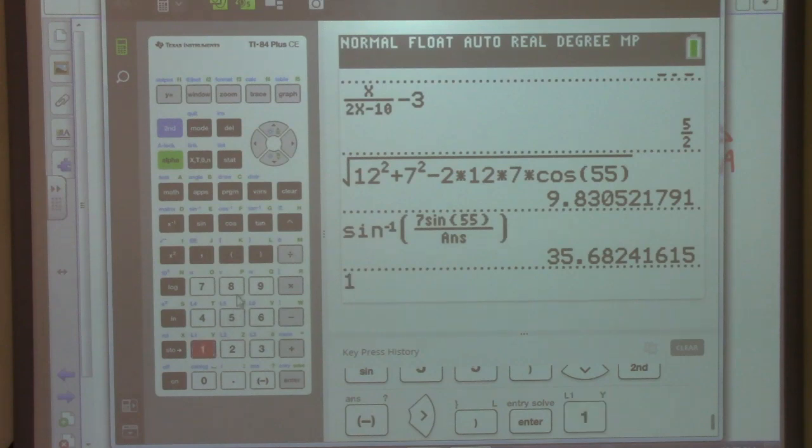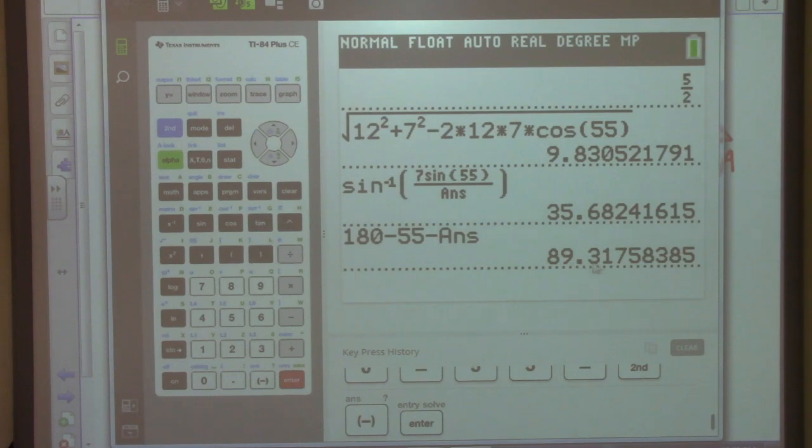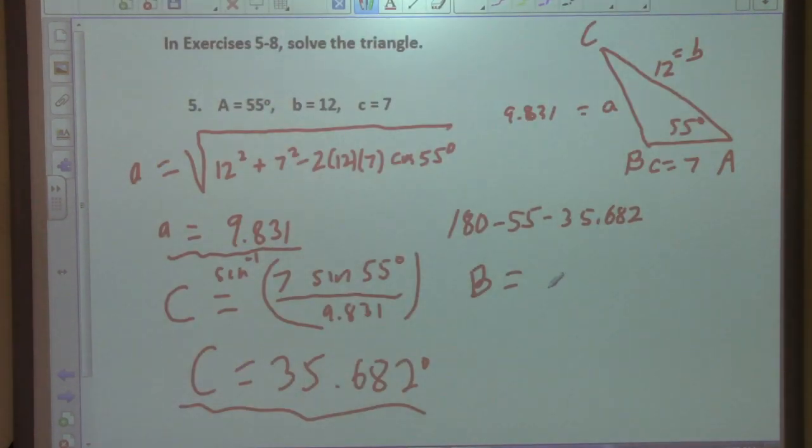And so I would get angle B is equal to 180 minus 55 minus, I'm going to subtract this answer here, second ANS. So I'm going to get 89.318. Is that right? And so that should be your answers for that.